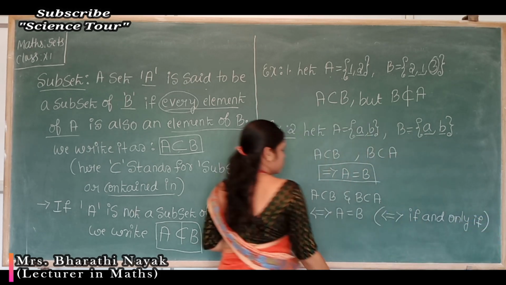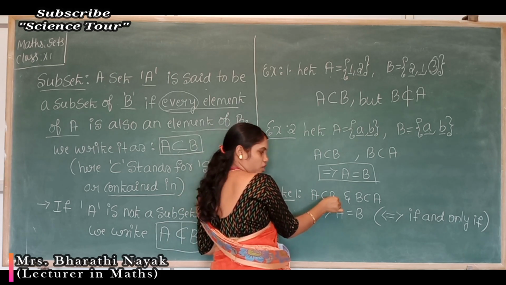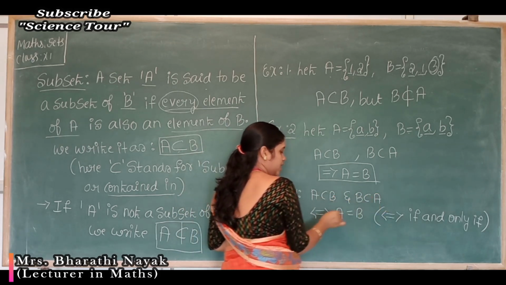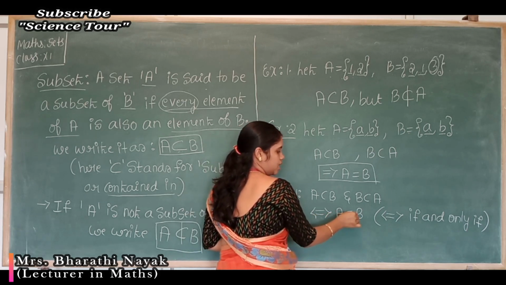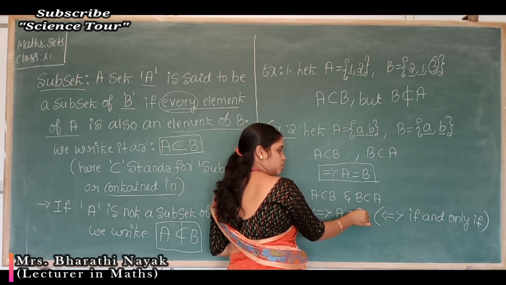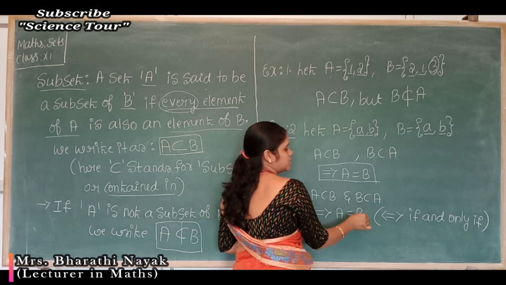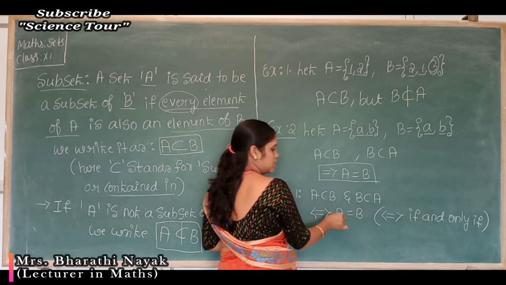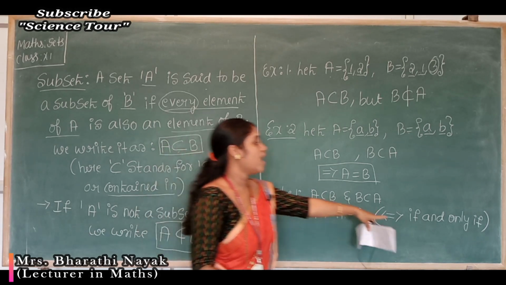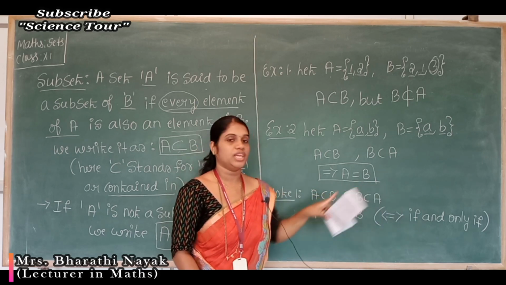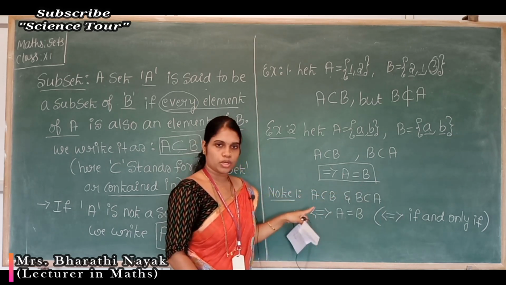So A is a subset of B and B is a subset of A if and only if A equal to B, or in other words you can say if any two sets are equal, then A is a subset of B and B is a subset of A. The meaning of this symbol is if and only if. This is about note number 1.